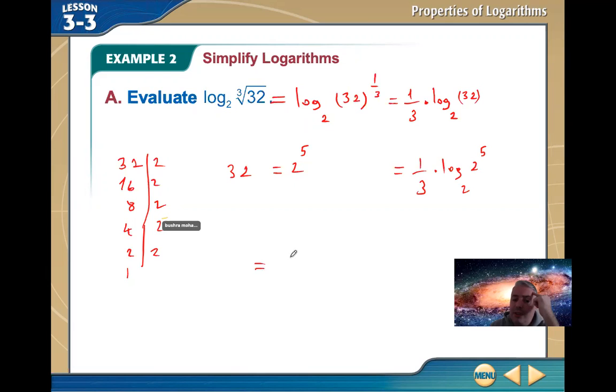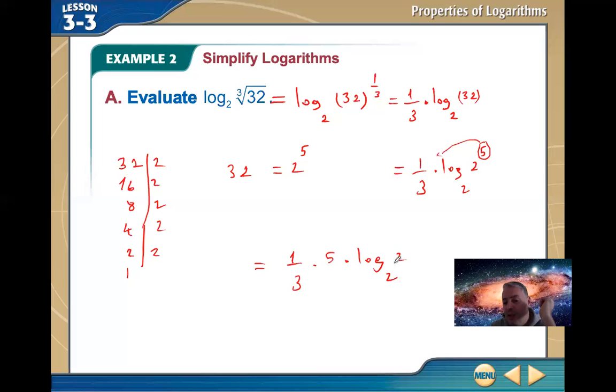Now by using the power rule, Büşra, any question? Hello, Büşra? No question. Okay.